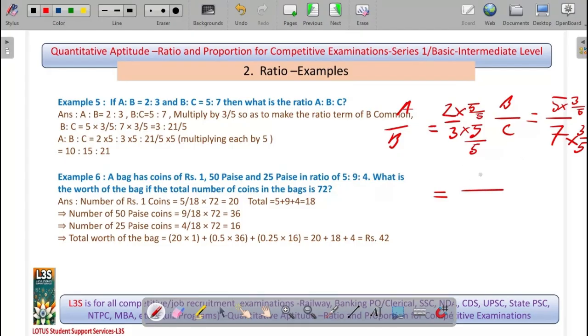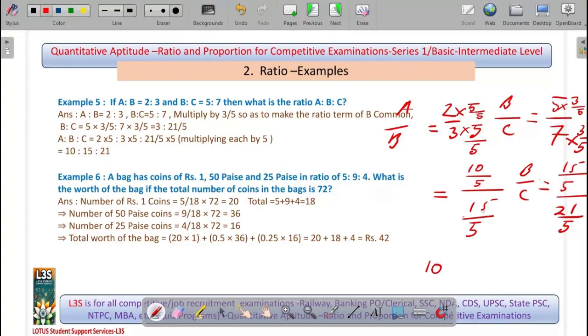So here we can write 10 by 5, 15 by 5. And B by C we can write 15 by 5 and 20 by 5. This B and B is equal. So here we can directly take that from here.